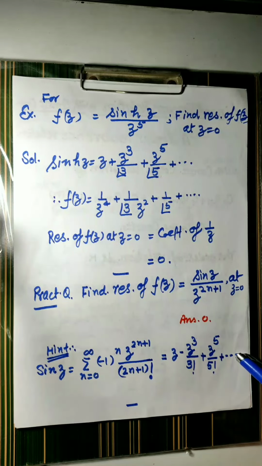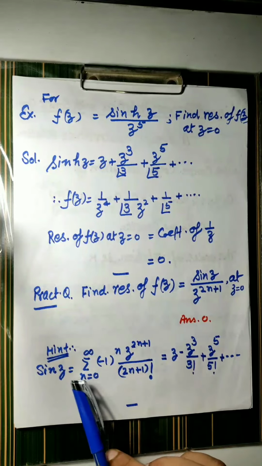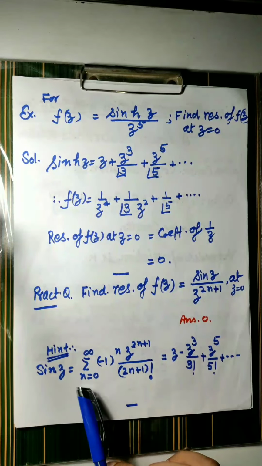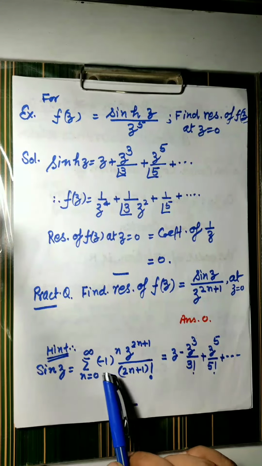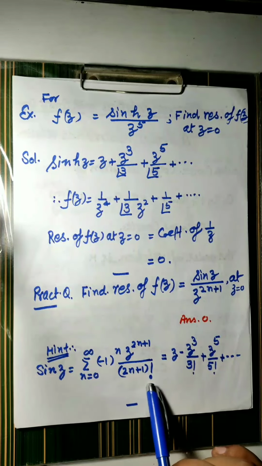This is an infinite series and the nth term is given by this. On expanding, we get z minus z cube upon factorial 3 plus z^5 upon factorial 5 and so on. So generally this series can be written as the sum from n equals 0 to infinity of (minus 1) to the power n times z raised to the power 2n plus 1 upon factorial 2n plus 1.